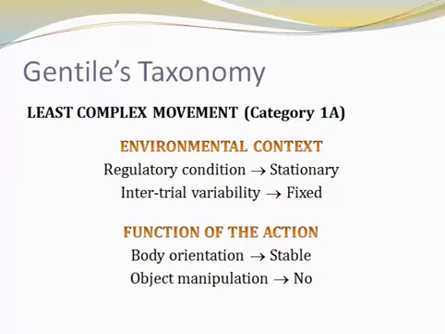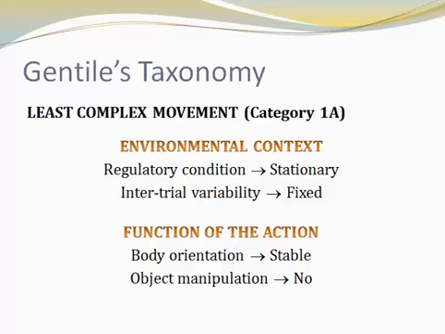So here's the breakdown for our least complex movement, the skill that is located in category 1A, or the upper left-hand corner of the handout sheet. From the perspective of our first dimension, environmental context, our regulatory conditions are stationary, meaning the environmental context under which the motor skill is being performed is not changing.